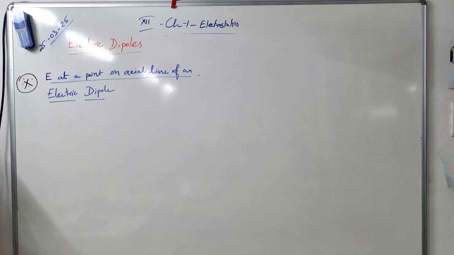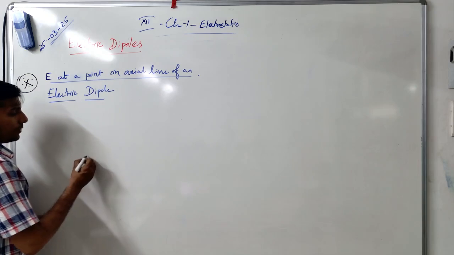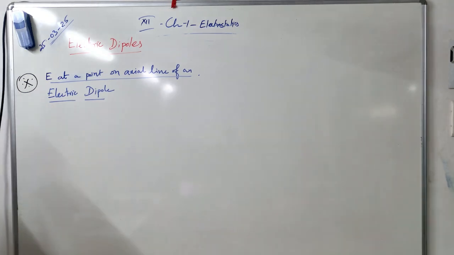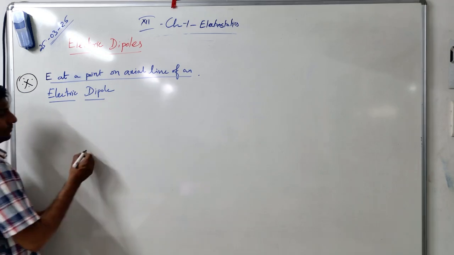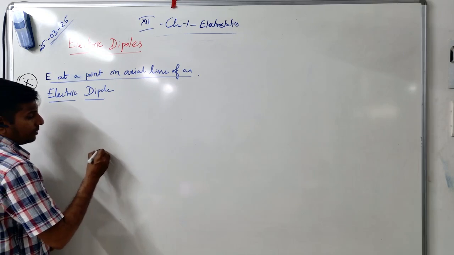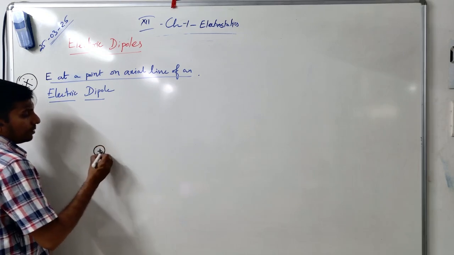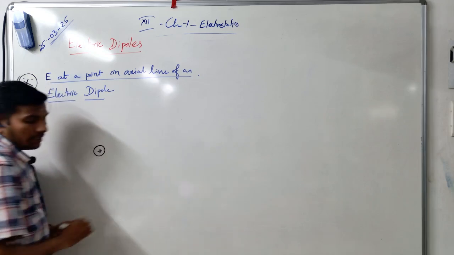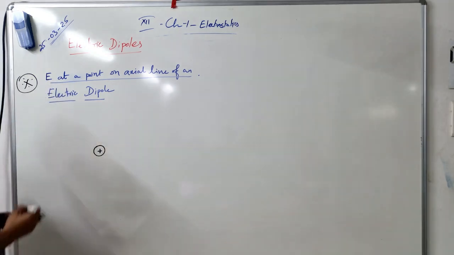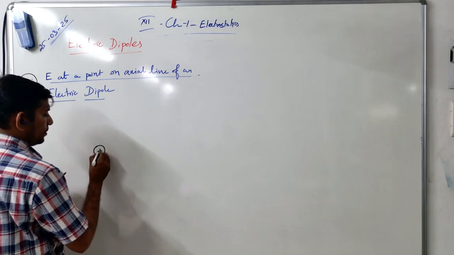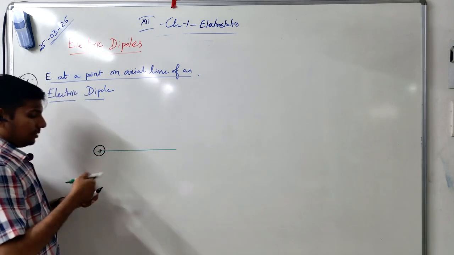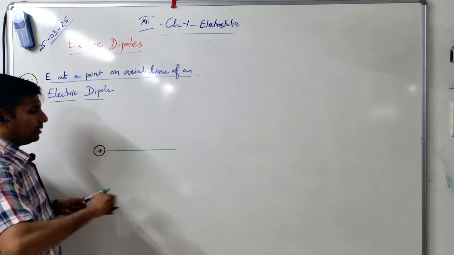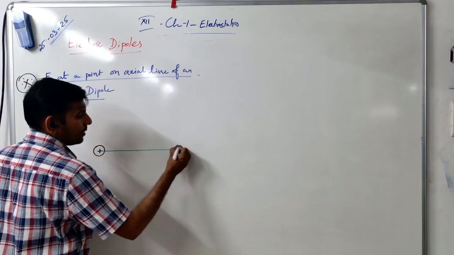For us to study this, I am going to take an electric dipole. So in one place I am going to take the positive charge, the other one I am going to take negative charge. So let's take a plus charge and a minus charge, which is separated by a distance, from center to center, the line of separation.